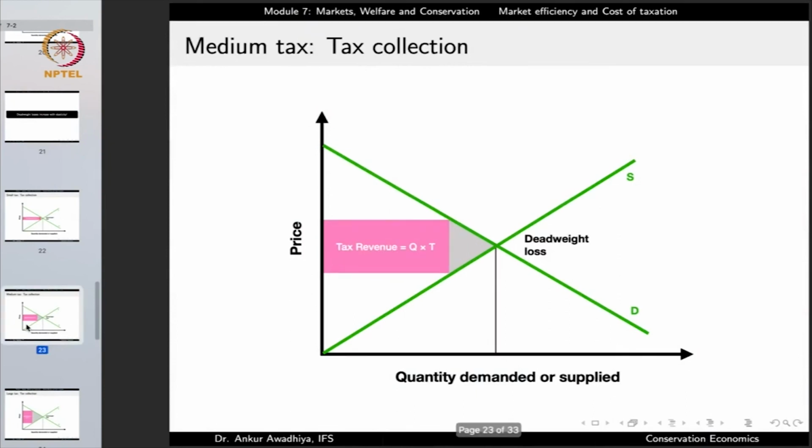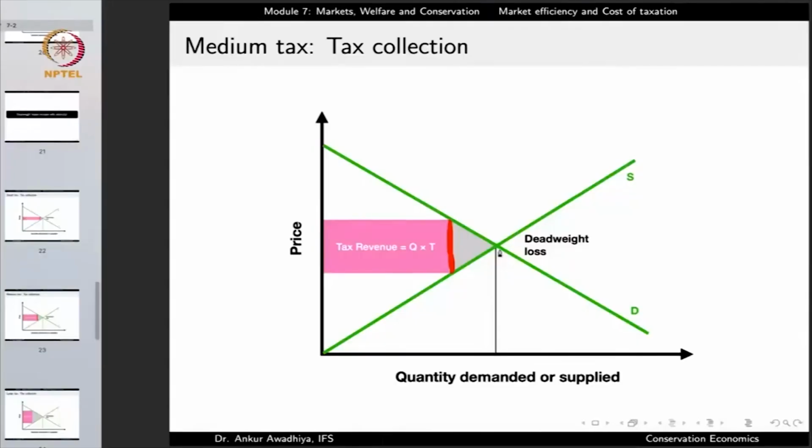Now, if the government increases the value of T, that is, the government is increasing the tax size, so now we have this much of T. Now what happens? When T is increased, Q decreases because with more and more taxation, it becomes less and less lucrative for the buyers and the sellers to undergo the transaction.